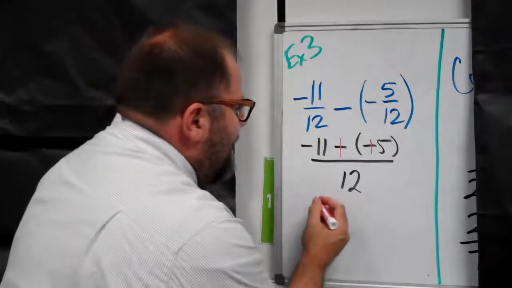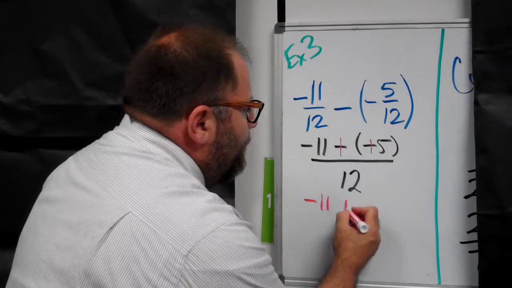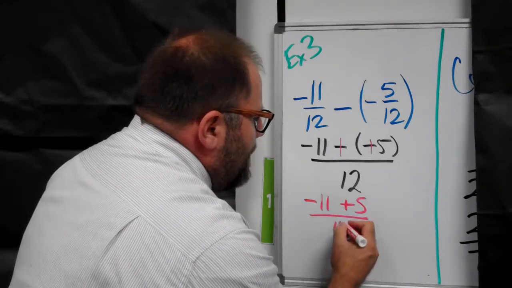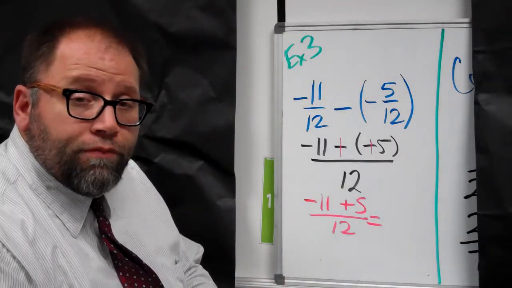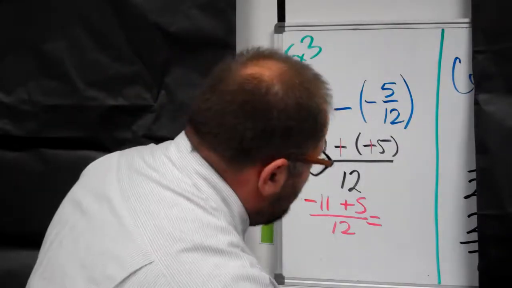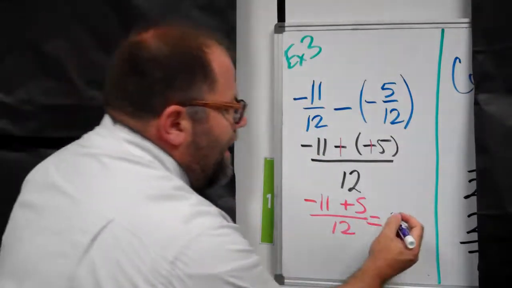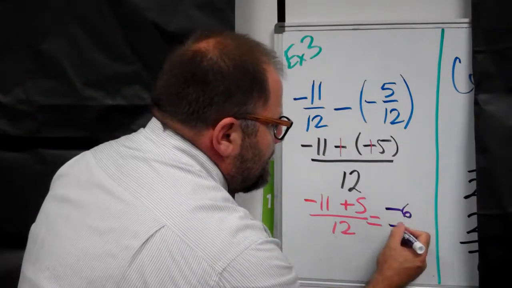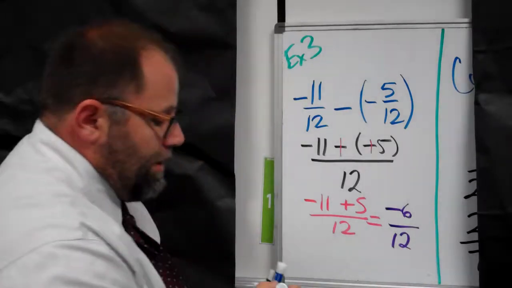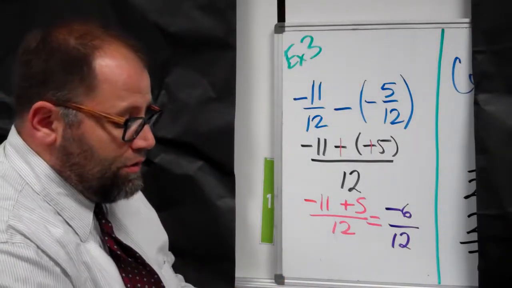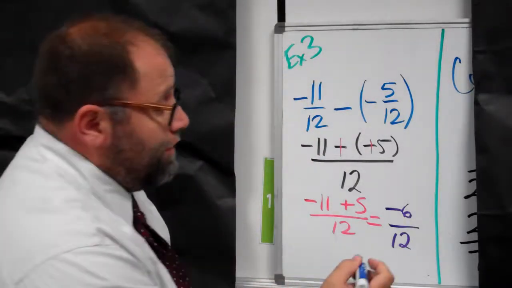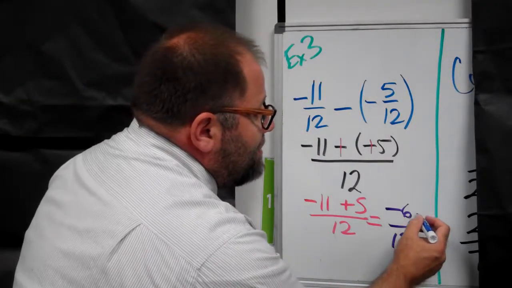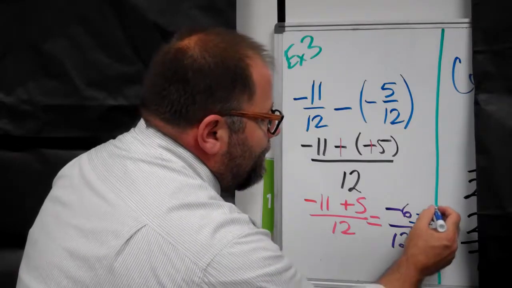So let's rewrite it as negative 11 plus 5 over 12. Then we just solve what's on the dance floor. Negative 11 plus 5 is negative 6 over 12. And right there, you know exactly where this is going, which I think I've said like 10 times now, so I'm kind of sick of it myself. That simplifies to negative 1/2.